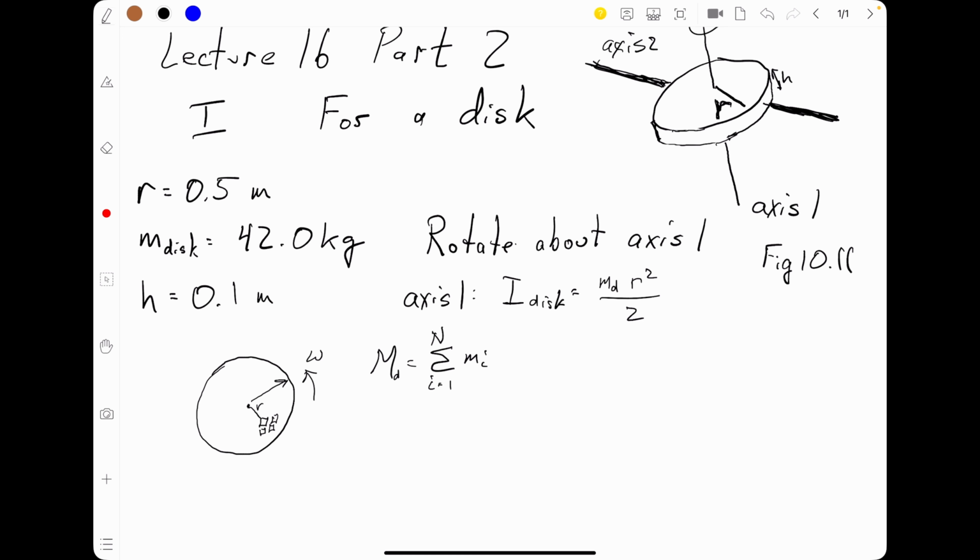So in order for us to do it right, we go through and we count all the stuff together. So I of the disk would equal the sum of all of those little masses times all of their little radii squared.